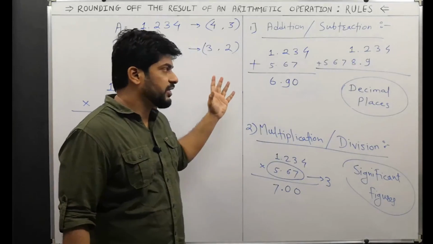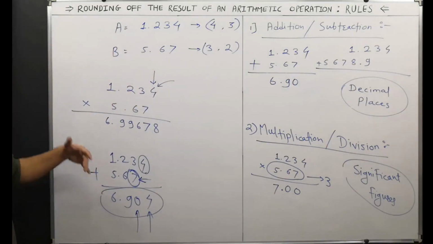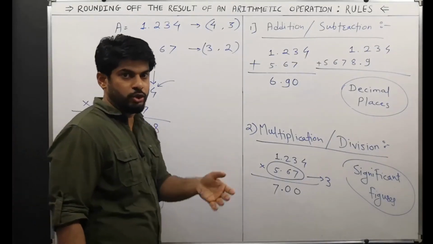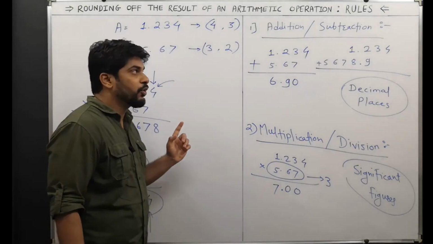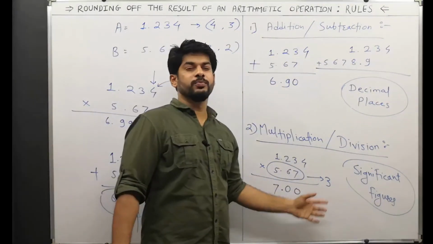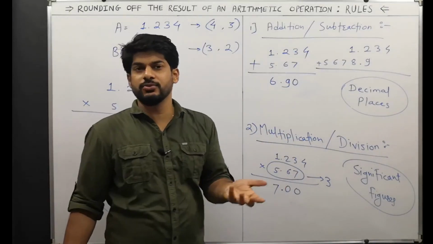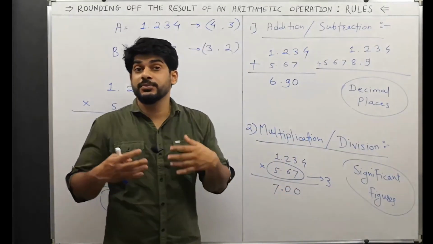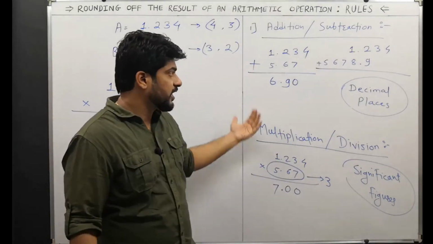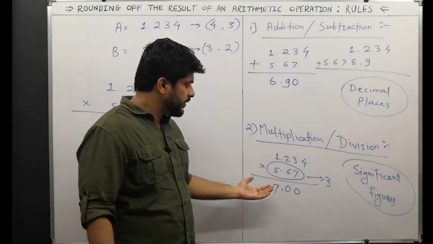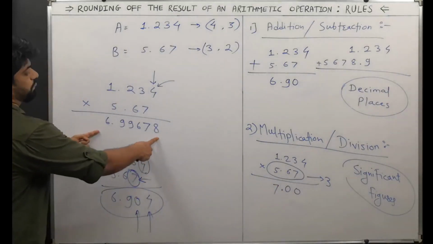It's pretty clear, it's very easy. The important thing is this: why do we need these rules? I told you that also. That is important, and this is also important. On these topics, questions can be asked in your exams. Sometimes in JEE also they can be asked, because sometimes we might just write this as an answer.